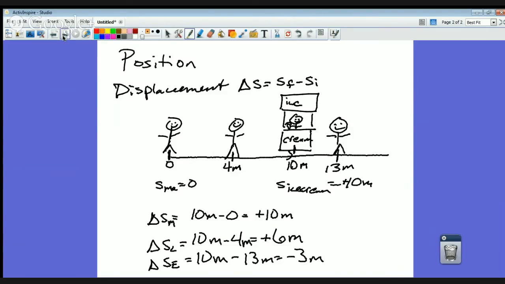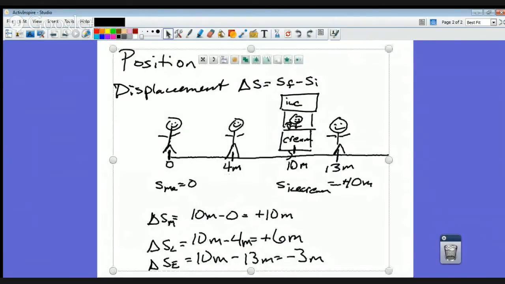Okay, so moving on, that is displacement. Now we also have velocity. So I can actually, hold on. Yeah, I guess I can just copy the whole page like this. Cool.